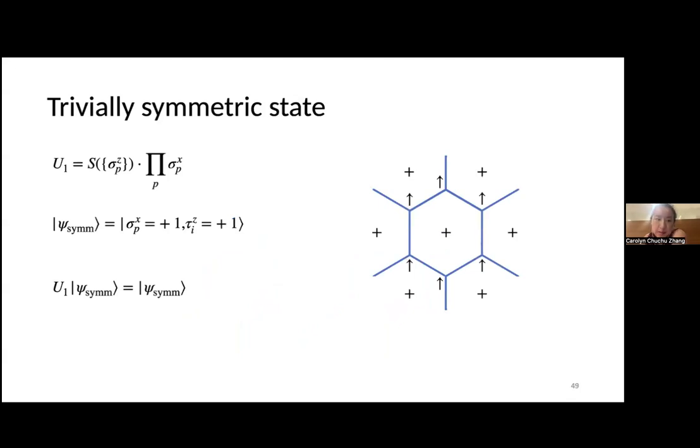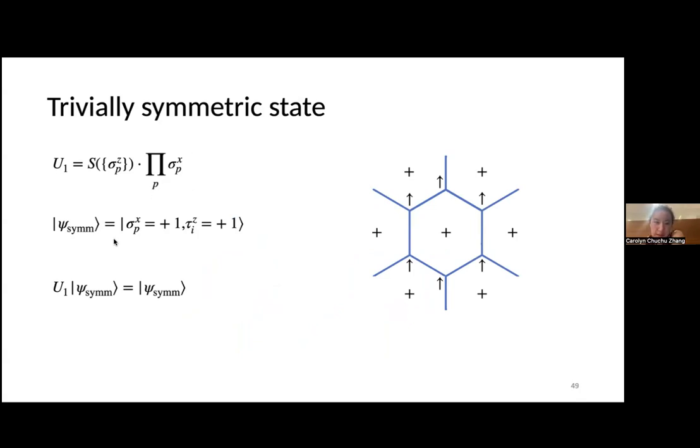So I wrote the symmetry operator before. And what you can show is that there's a trivial product state that respects the symmetry. So we just put all the sigmas into the +1 eigenstate of sigma x and all the taus into the +1 eigenstate of tau z. And this respects the symmetry.